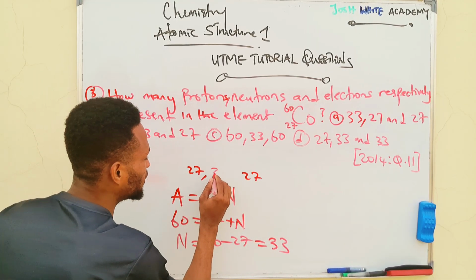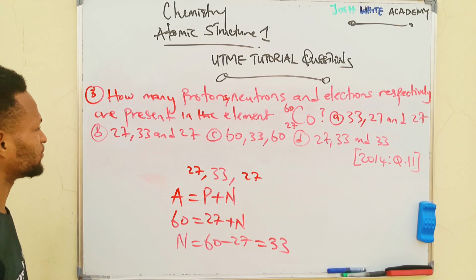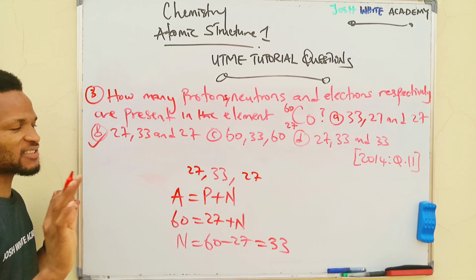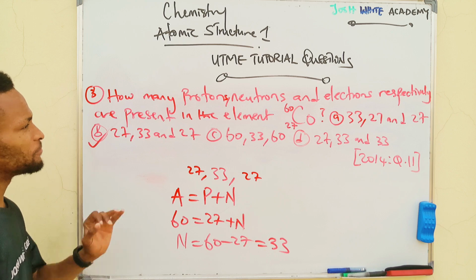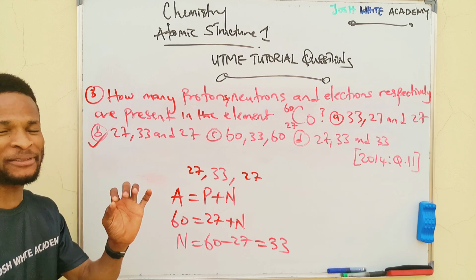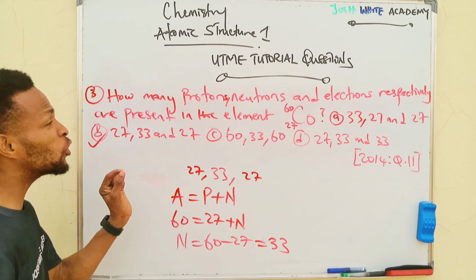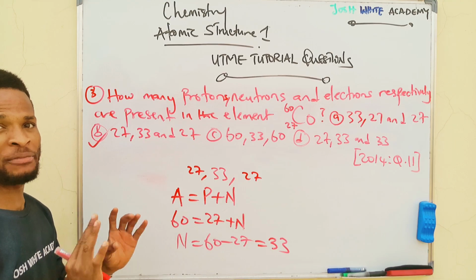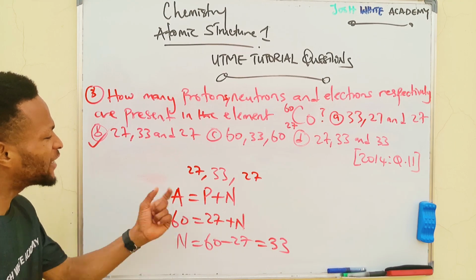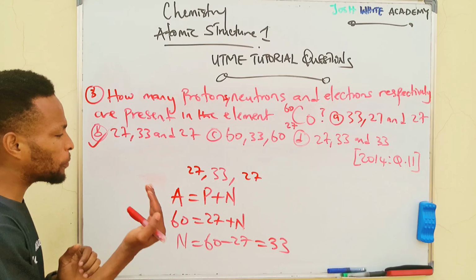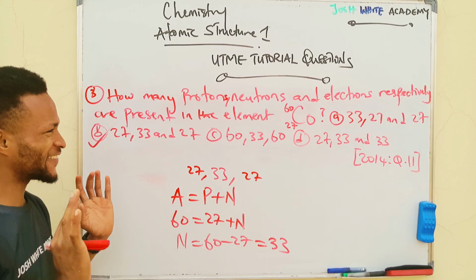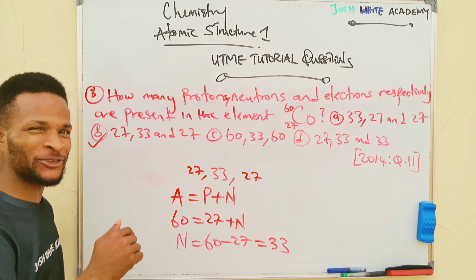That means it is 27, 33, and 27. So our answer is B. As simple as that. Don't forget, proton number is the same thing as atomic number. And it can also be electron number if there is no loss or gain of electron, that means there is no reaction. And you get neutron number by subtracting the proton number from the mass number. As simple as that. Let's go to the next question.